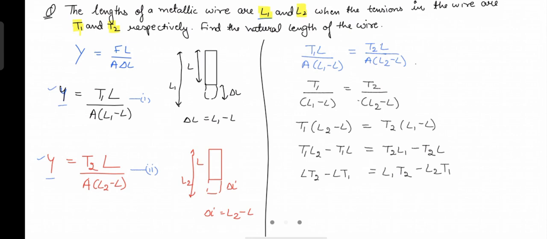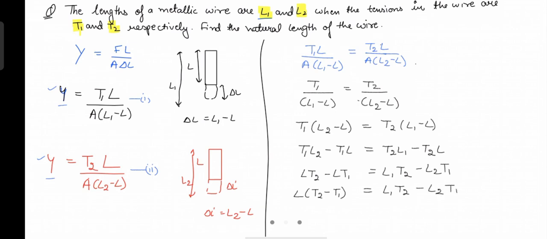We have taken the different L's on one side, because it's change we have taken on one side, and the capital L's we have taken on other side. Now amongst this equation, we see L we can take common because L is constant, so we can take L common, and we can write T2 minus T1. On this side, we cannot take anything obviously common, so we will simply write L1 T2 minus L2 T1.